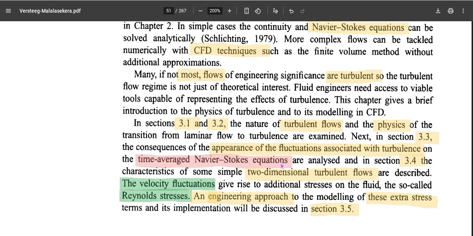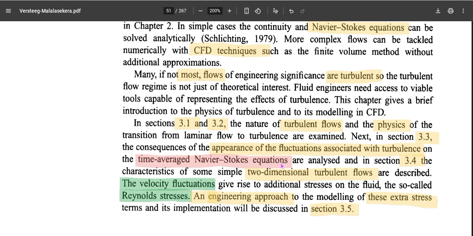Section 3.2 is going to describe the physics of the turbulent flow, how the transition happens from laminar flow to turbulence. Section 3.3 is going to be about how turbulence can be described by time-averaged Navier-Stokes equations, which is based on the idea that any flow quantity like velocity can be decomposed into a mean quantity and a fluctuating quantity.